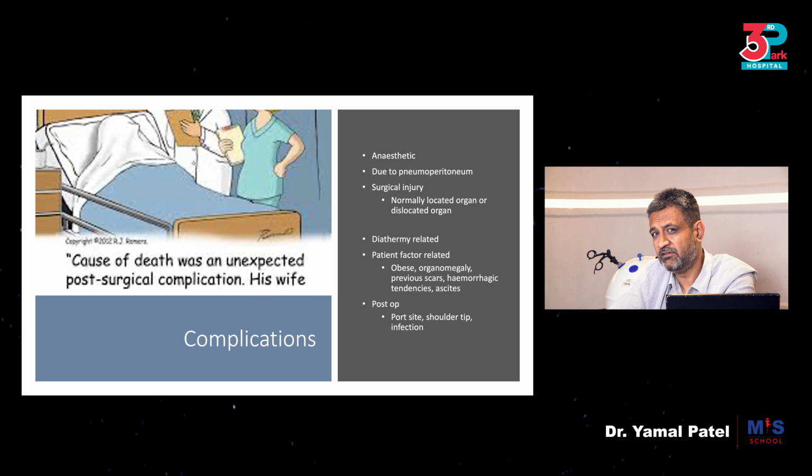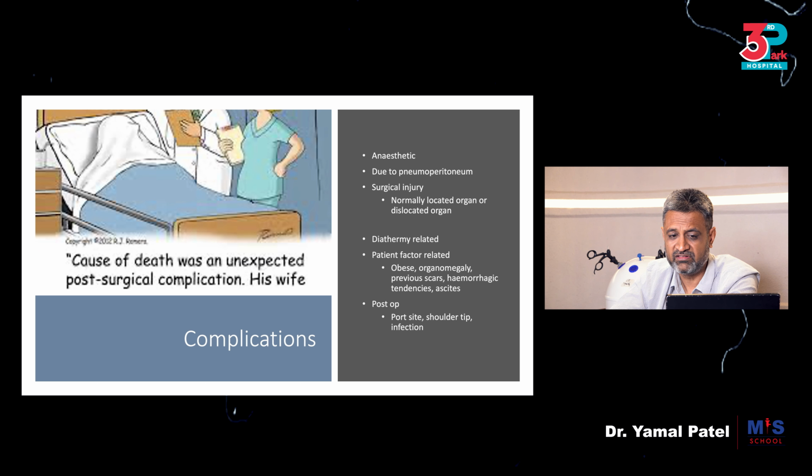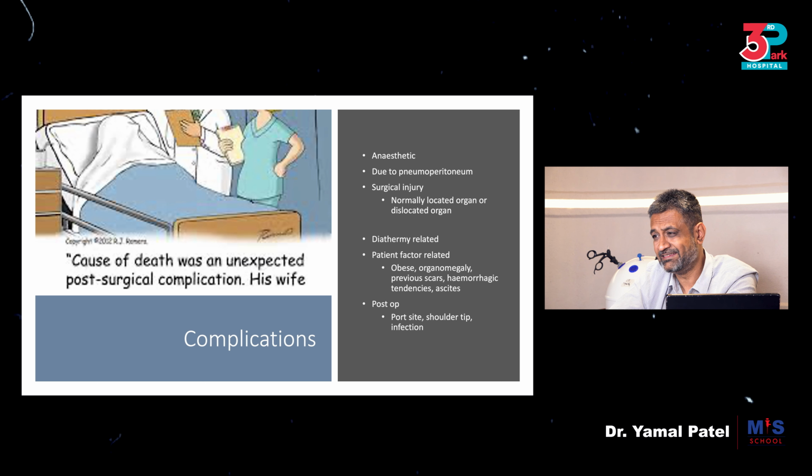It could be diathermy-related injury, it could be patient-related injuries or complications like due to obesity, organomegaly, previous scars, hemorrhagic tendencies, ascites, medical issues, etc. And it could be post-op related to port site or shoulder tip or infection, etc. So this is how we would classify complications during hysterectomy. We'll be covering it in more detail in a talk on complications in MIS.